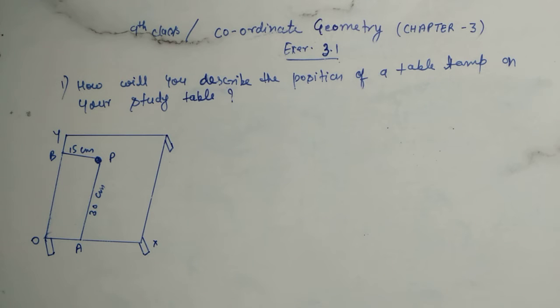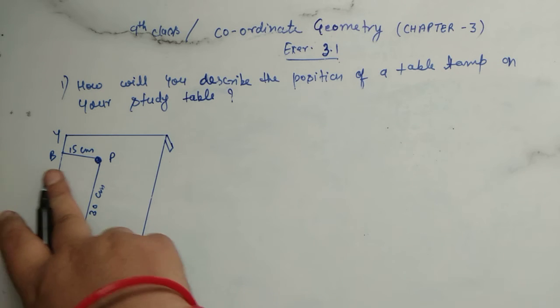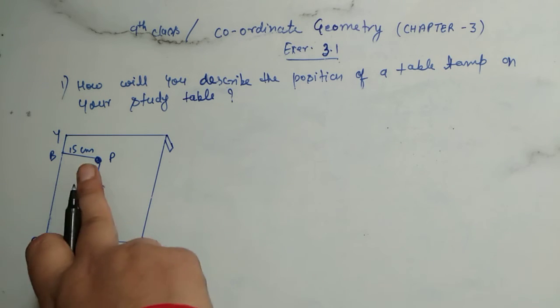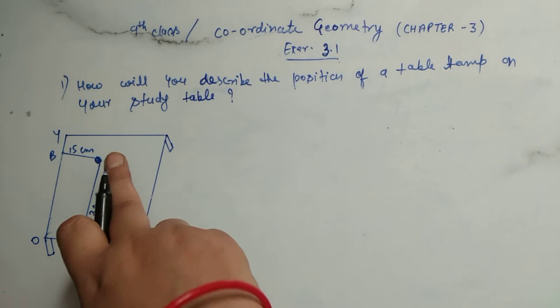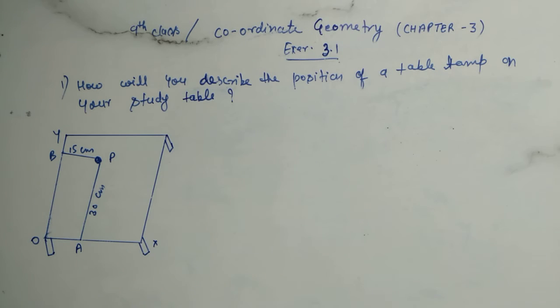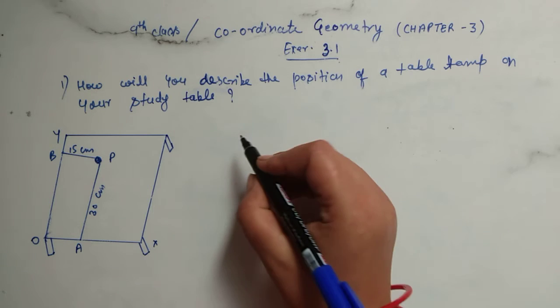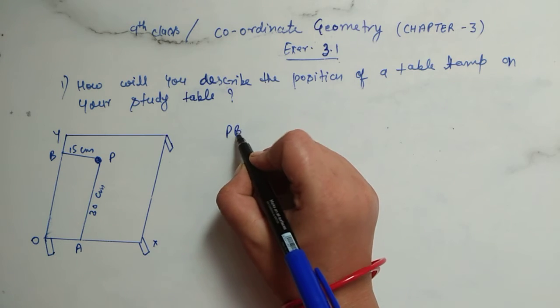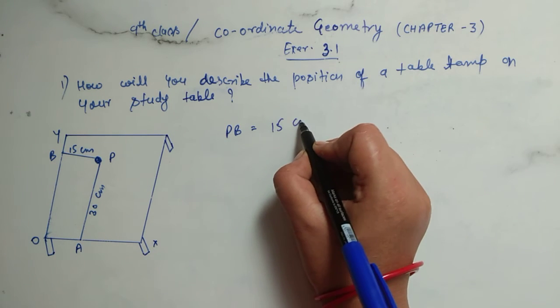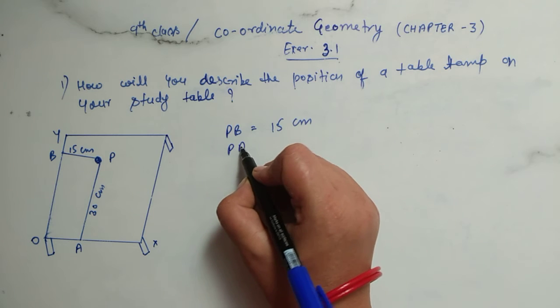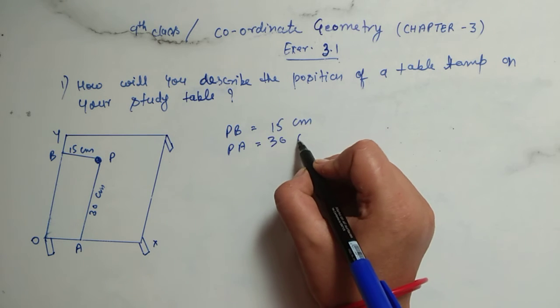So just see, when I have measured it, PA is 30 centimeter and PB is 15 centimeter. So I will say that the distance from P to B is 15 centimeter and from P to A is 30 centimeter.